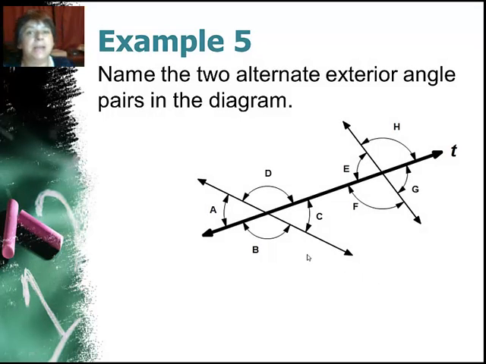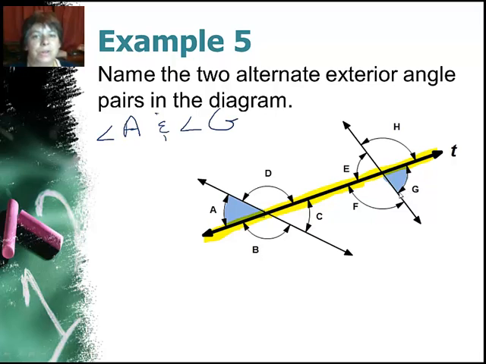In our last example, I identified two of the pairs that are alternate exterior. So we know the exterior angles here are A, B, G, and H. So let's start with identifying our transversal, and I have angle A. So that's on the outside, and now I need to be below the transversal, but on the other outside, right there, angle G. So angle A and angle G are alternate exterior angle pairs.